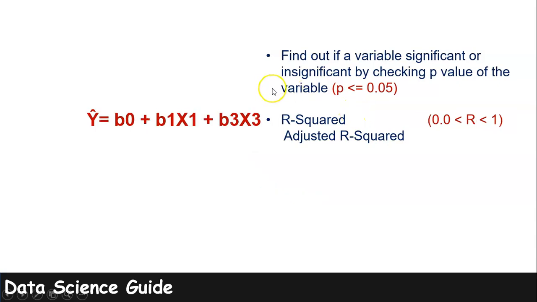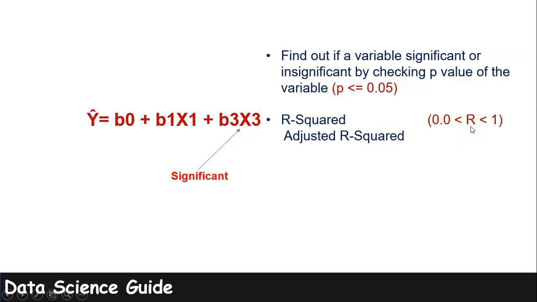We add x3 now, and find the p-value of x3 and the value of the r-squared or adjusted r-squared. This time we found that x3 is significant, and also that the r-squared is improved.